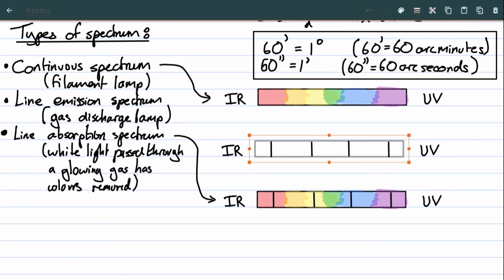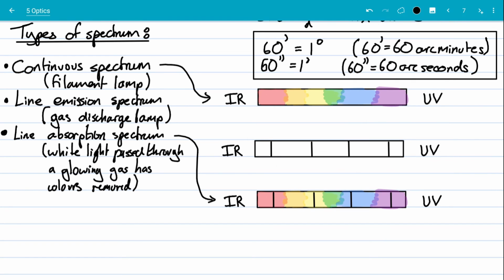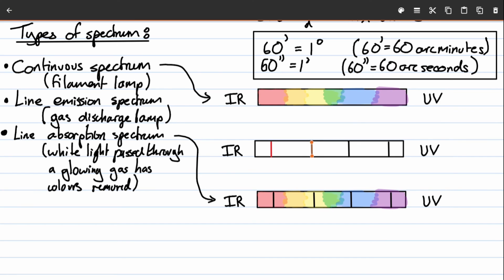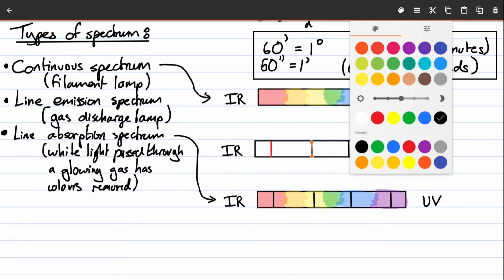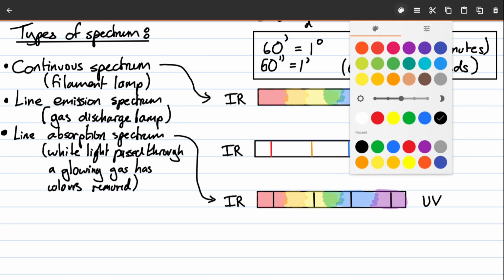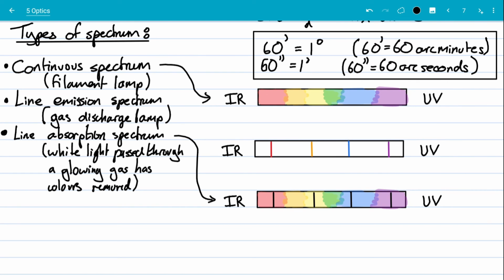So that one might be red, that one there might be yellow or orange, that one there might be blue, that one there might be purple. Look at that. That is brilliant.